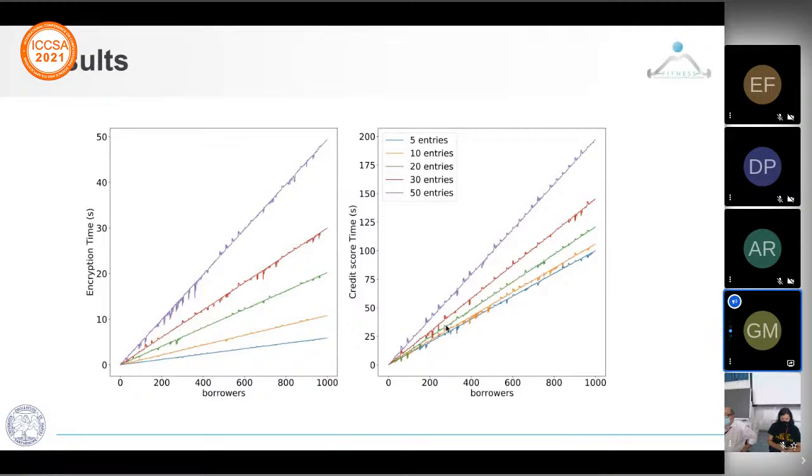Obviously, it is important to notice that 50 attributes is quite high. This is something that we selected to stress the algorithm. And typically, according also to what the company said, 20 attributes are acceptable.